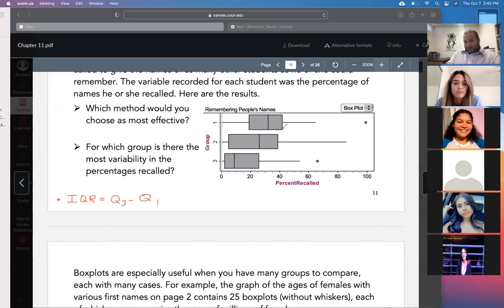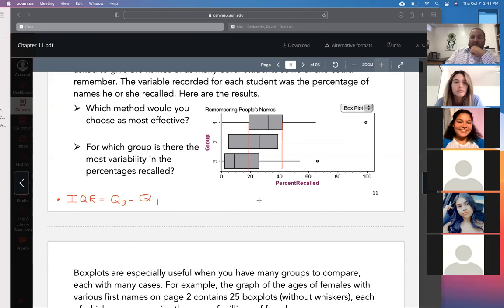So in this first example, what is Q3? It looks like it's a little bit above 40, but 41, 42, something like that. And what's Q1? Like 19.